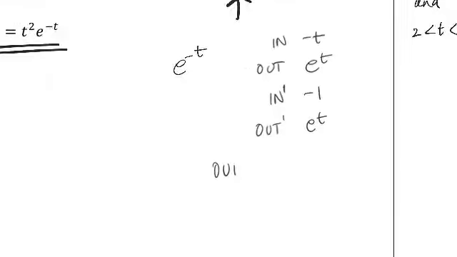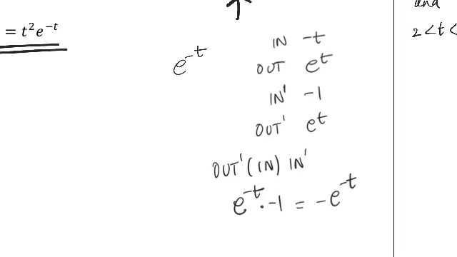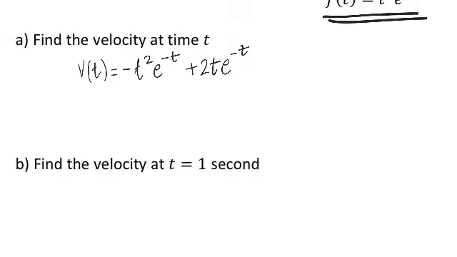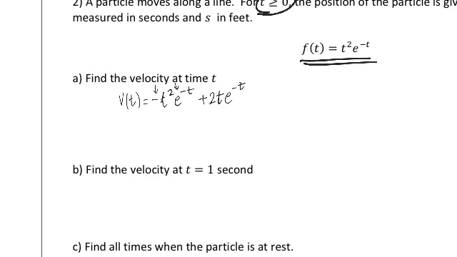So if I make my out prime of in times in prime, I get e to the negative t times negative 1, which I can write as negative e to the negative t. So that's how I'm getting this negative sign and this right here, okay? Okay, so that's my velocity.